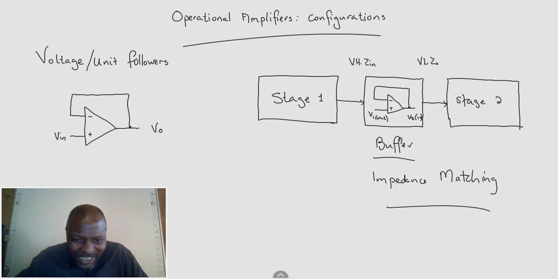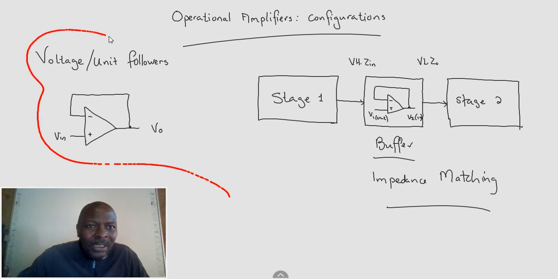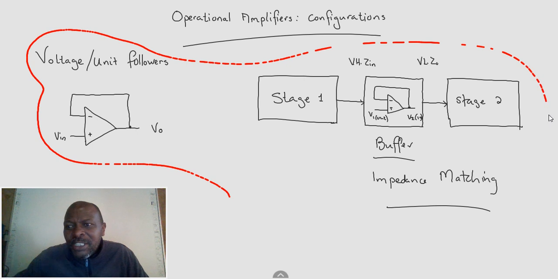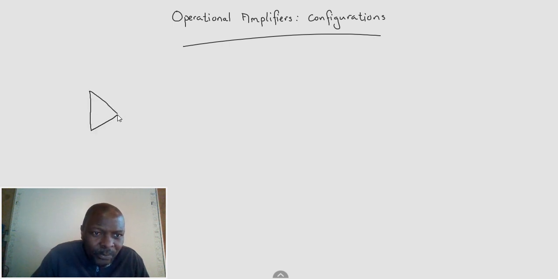And who's the next guy? It is the inverting amplifier. Let's look at the inverting amplifier. An inverting amplifier is simply one where the input is sent through the inverting end. So what happens to the non-inverting end?